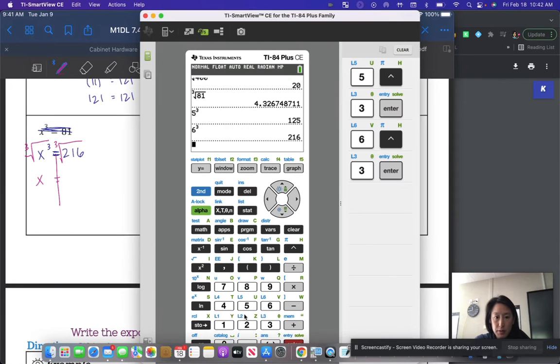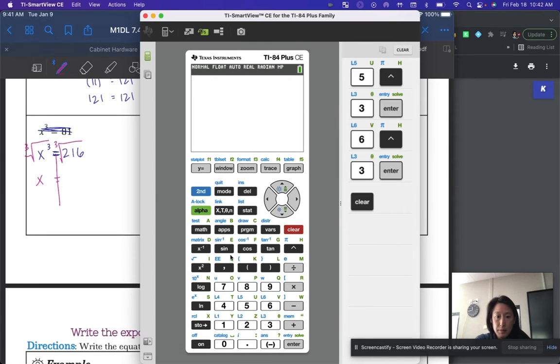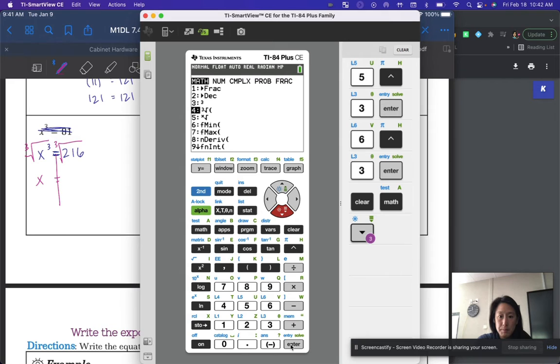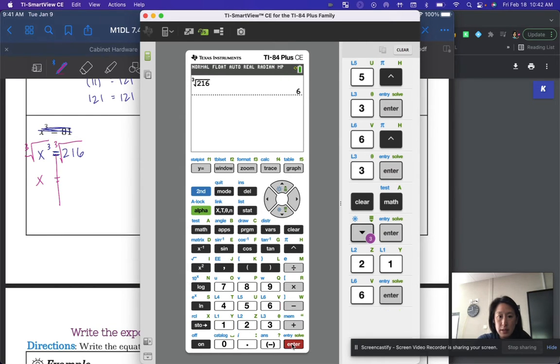So I'm going to go to my calculator, and I'm going to do math, and then I'm going to select number 4, or scroll down to 4 and hit enter. And then I'm going to type in 216, enter, and what I get is 6. So what this tells me is that 6 cubed would equal 216.